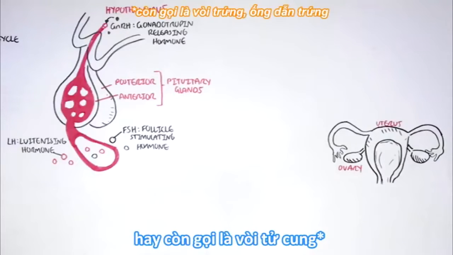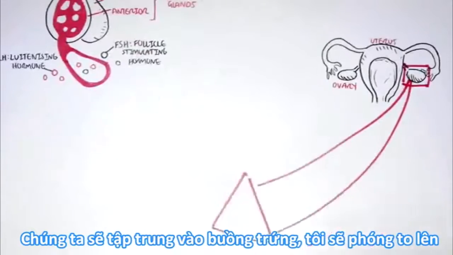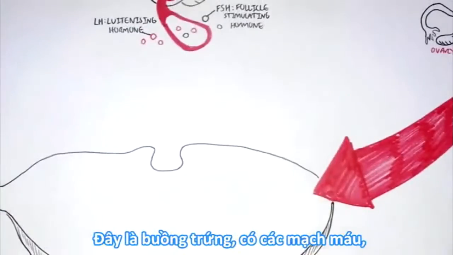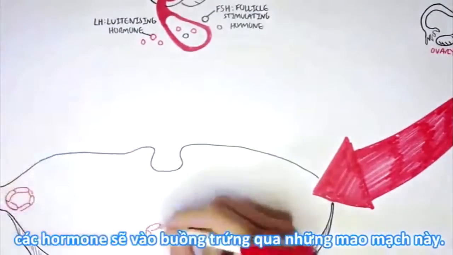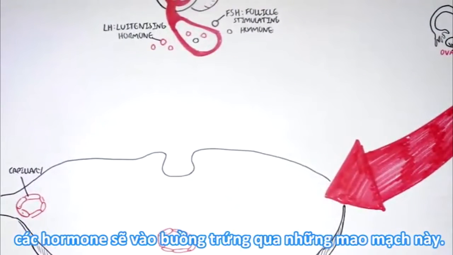But it's now known as a uterine tube. So we will focus on this ovary here. So let's zoom in. So here is the ovary, and it has blood vessels. And it's through these capillaries, these blood vessels, that the hormones can enter.